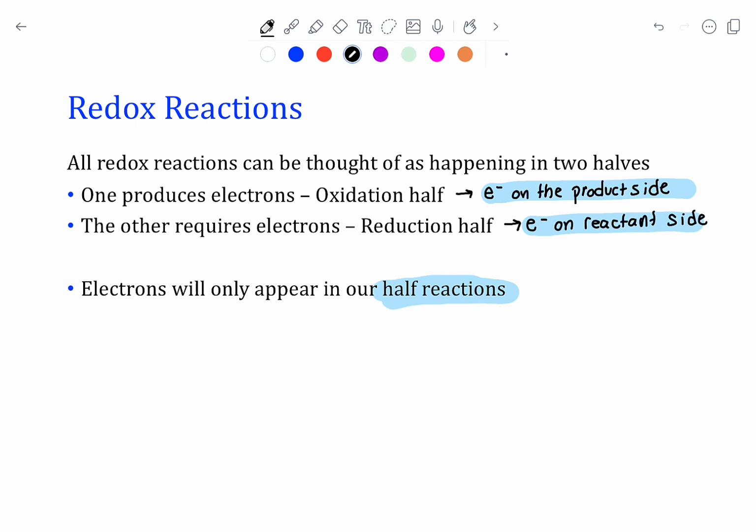When we write the overall reaction, we are not going to see any electrons on either side of the arrow because we're going to have charge balance. The number of electrons that are transferred from the oxidation half will be the number of electrons that are accepted by the reduction half.